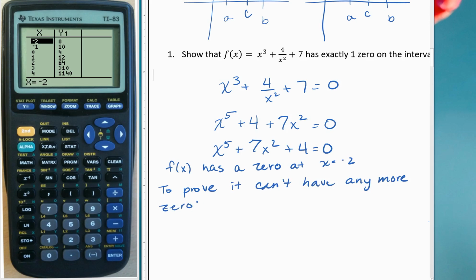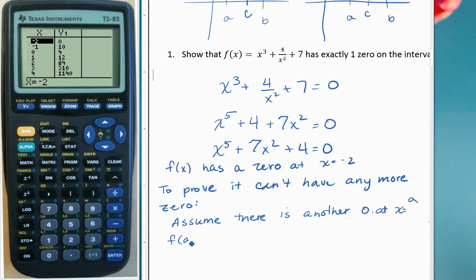So this is going to be what's called a proof by contradiction. We're going to assume that there is another zero and show that that contradicts Rolle's theorem. So we'll assume there is another zero at x equals b. Then let's say x equals a, just to keep it simple.